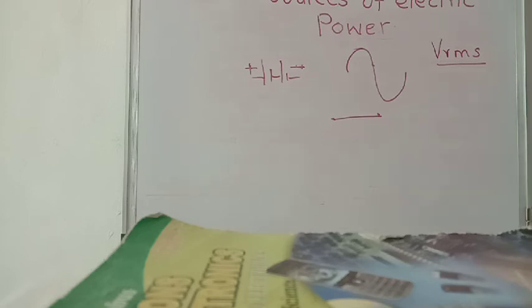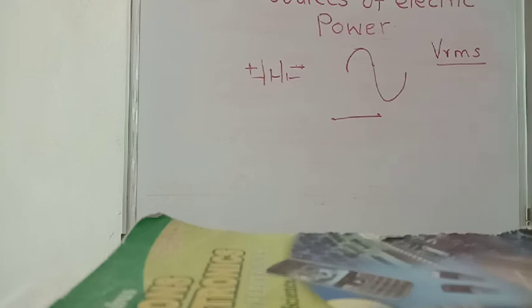Then the next voltage source is alternators. Alternators are also called AC generators. Alternators provide AC voltage. It is quite identical both in construction as well as in mode of operation to the DC generators.